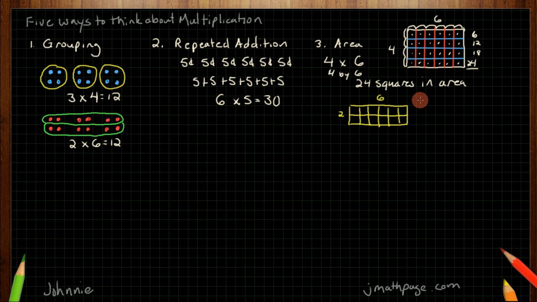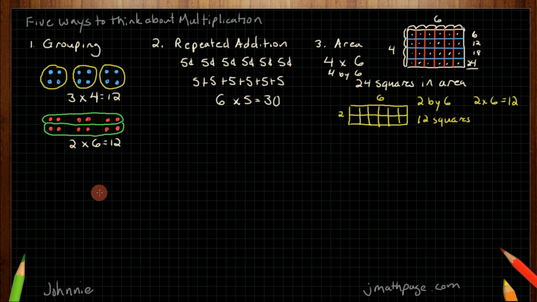So 2 by 6, or 2 times 6, gives us 12 squares, or 2 times 6 equals 12. So this is the idea of multiplication as area.